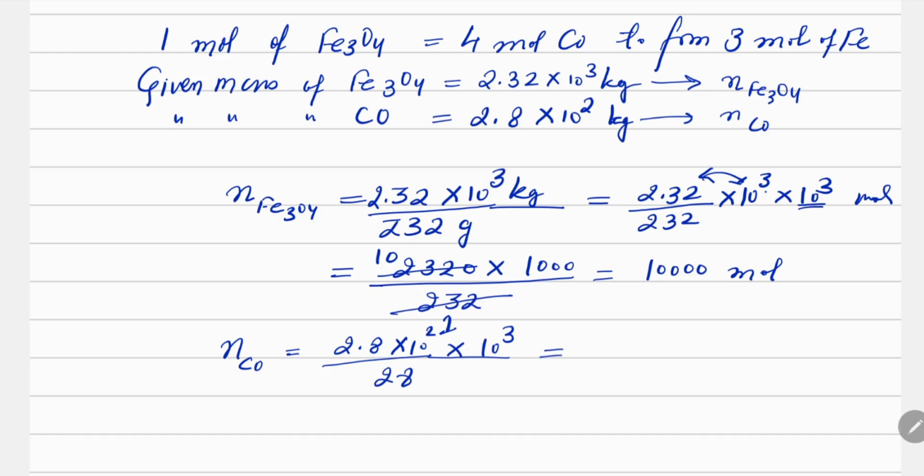So it becomes 280 multiplied by 10 raised to power 3 divided by 28. 28 is a common factor, and it becomes once again 10,000 moles.